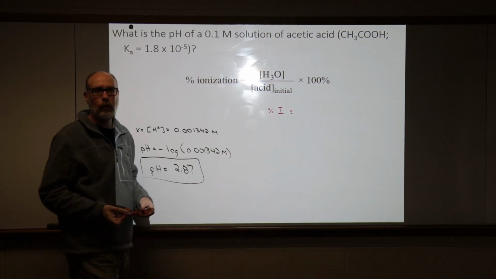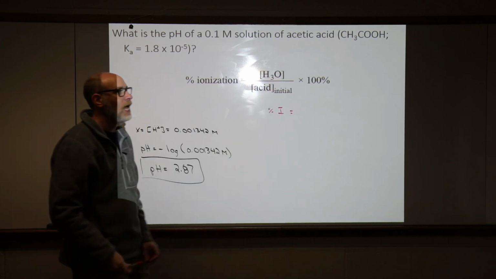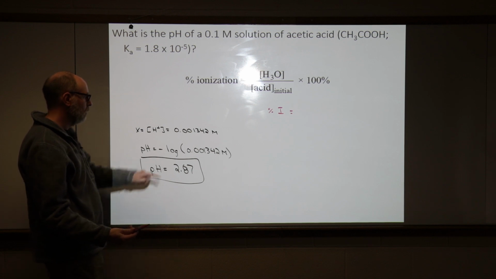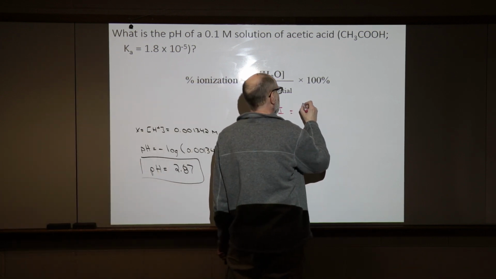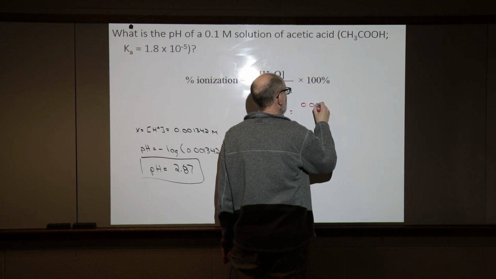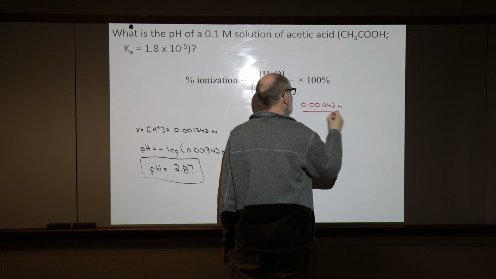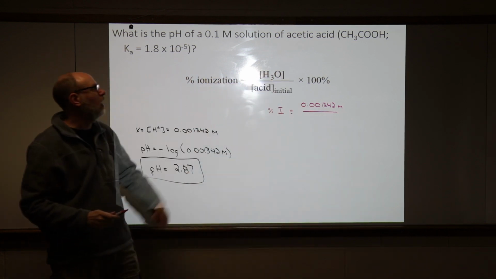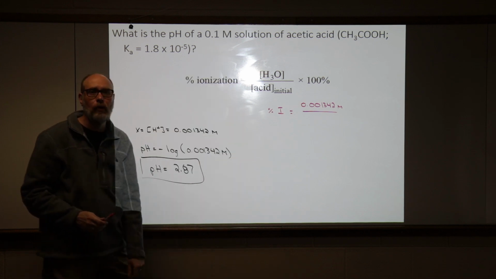Because I'm lazy and I don't want to write out percent ionization. It's going to be the concentration of H3O plus, 0.001342 molar, which comes from taking the square root of both sides of that expression, all over the initial concentration of the acid, which is 0.1 molar.